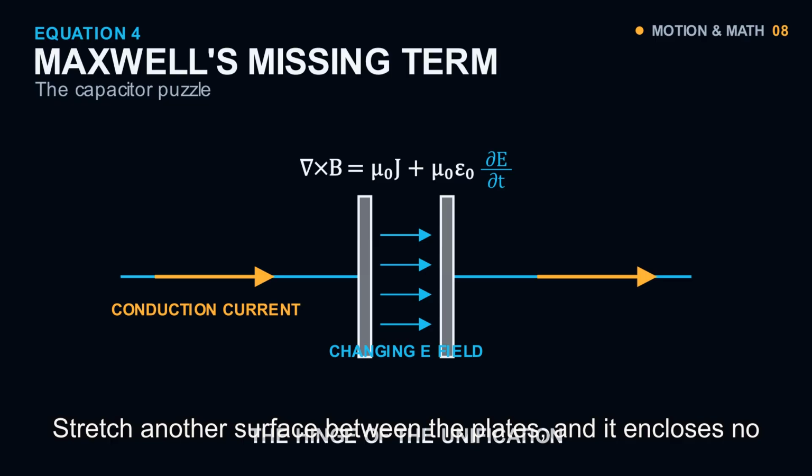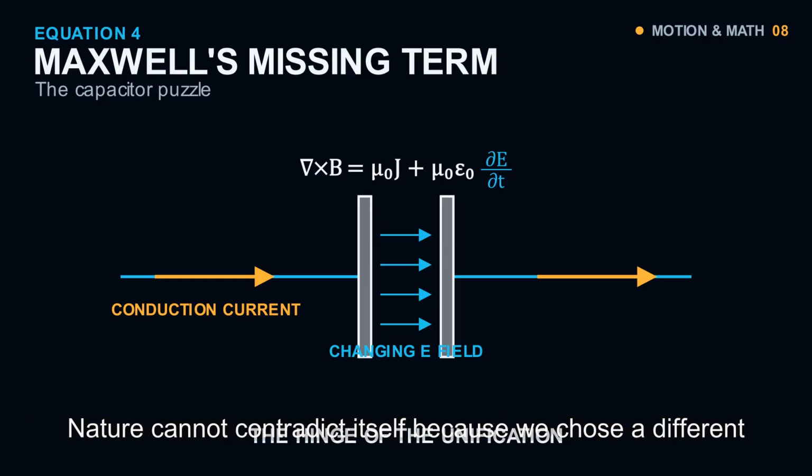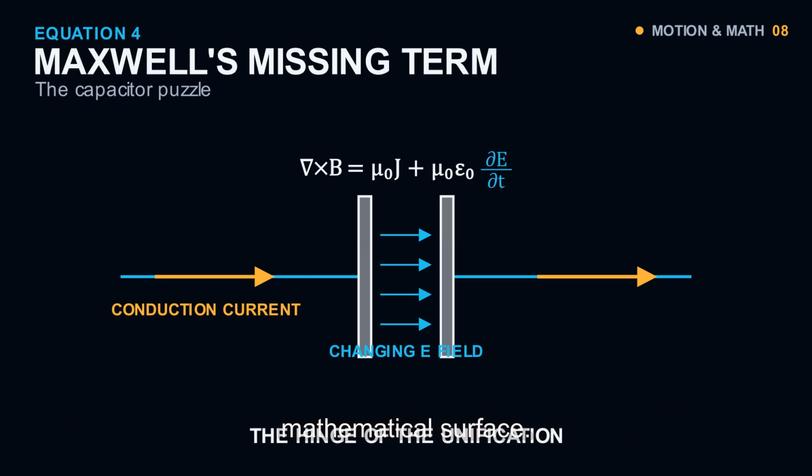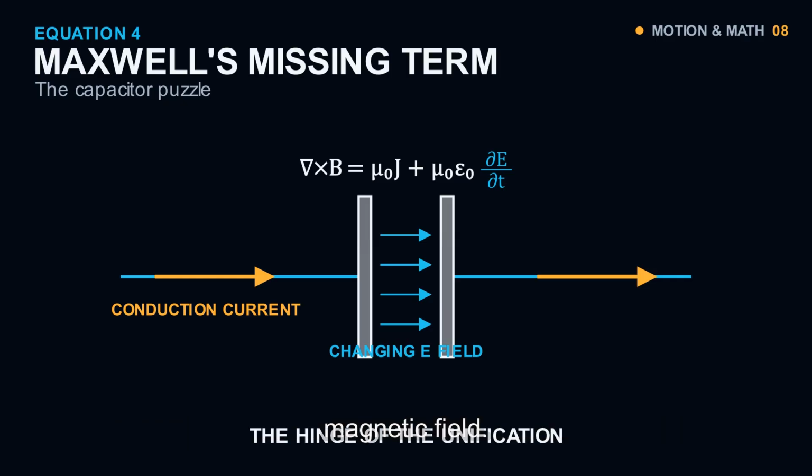Stretch another surface between the plates, and it encloses no conduction current. The predicted magnetic field appears to depend on which surface you choose. Nature cannot contradict itself because we chose a different mathematical surface. Maxwell supplied the missing piece. A changing electric field also contributes to a circulating magnetic field.